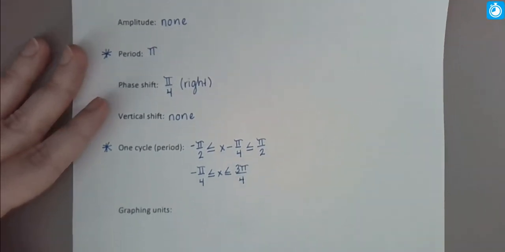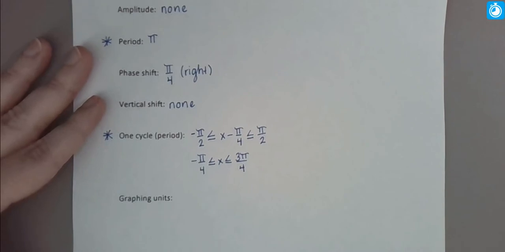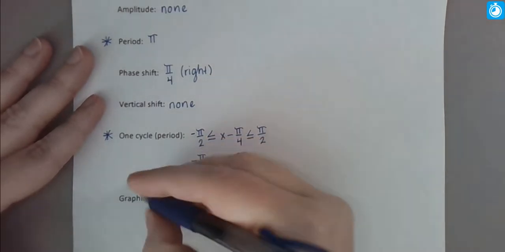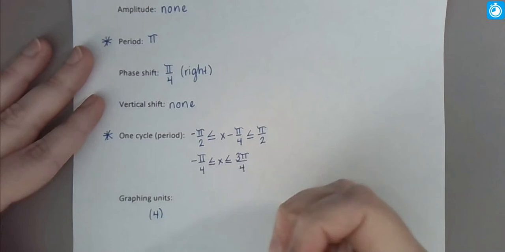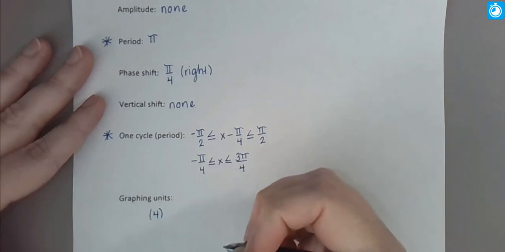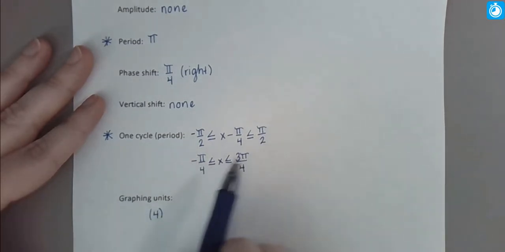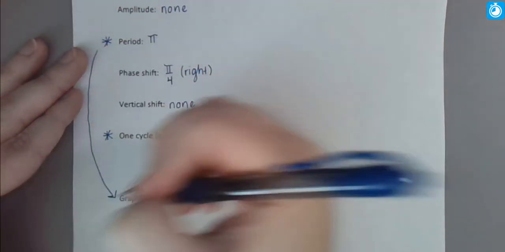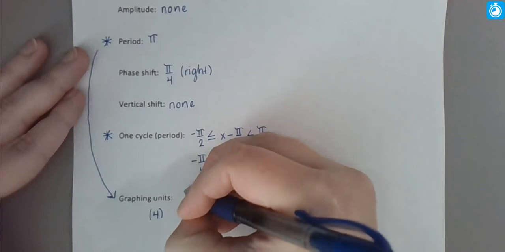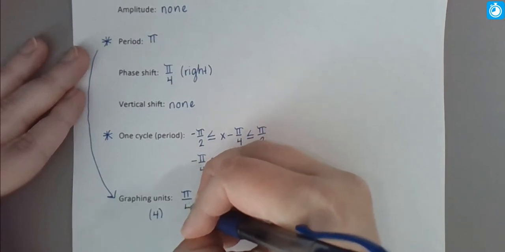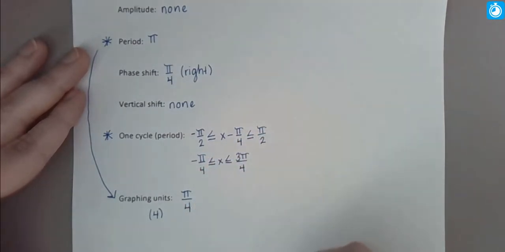Okay, so the only other thing we need to know, again, is where do we hit our landmarks? And again, we're going to divide our graph up into 4 equally sized increments, okay? Starting from negative pi over 4, going to 3 pi over 4. And again, it's going to take our period, and it's going to divide it into 4 units. So pi divided by 4.